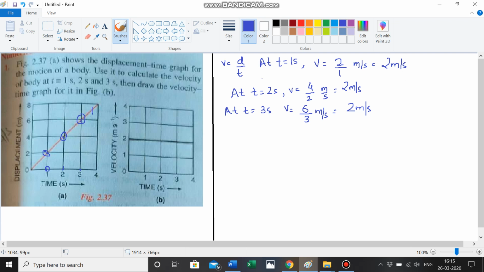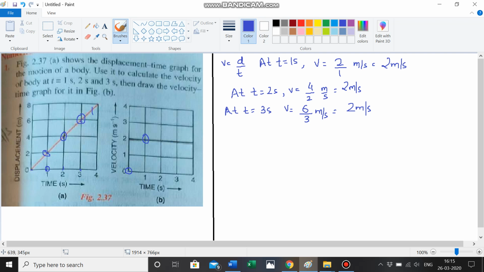The second part of the question says draw the velocity time graph. So at 0 second, what is my velocity? At 0 second, my velocity is 0 because the displacement is 0. So I will plot 0 time, 0 velocity. At 1 second, what is my velocity? 2.